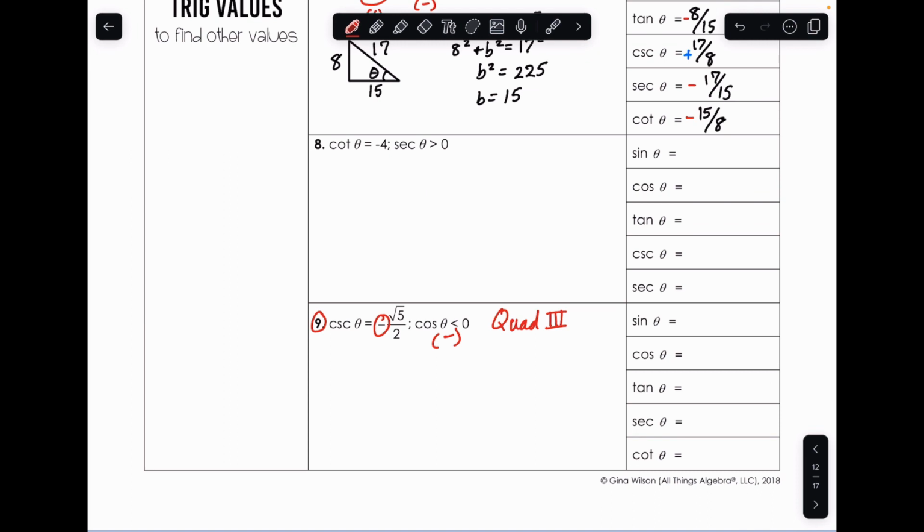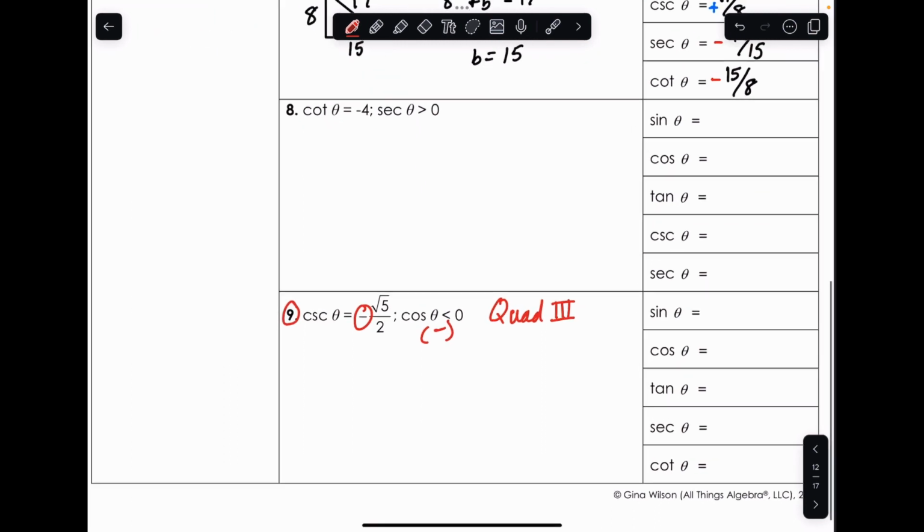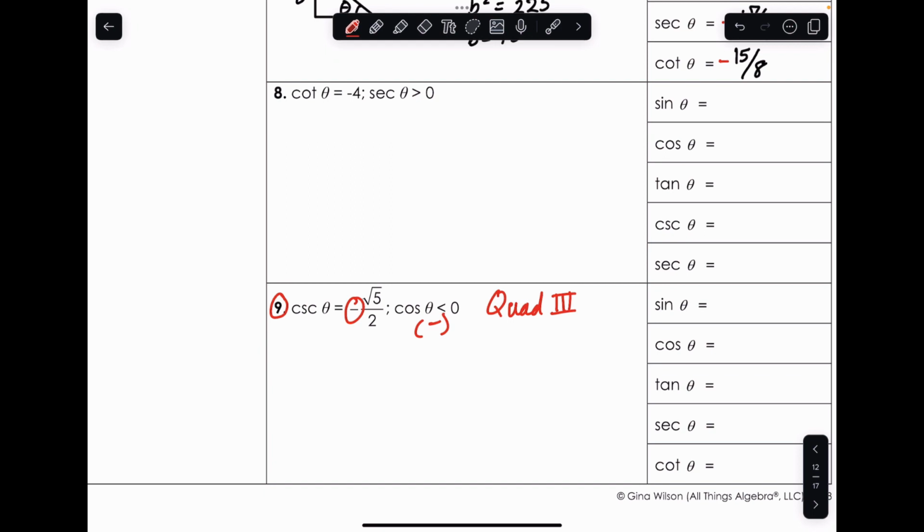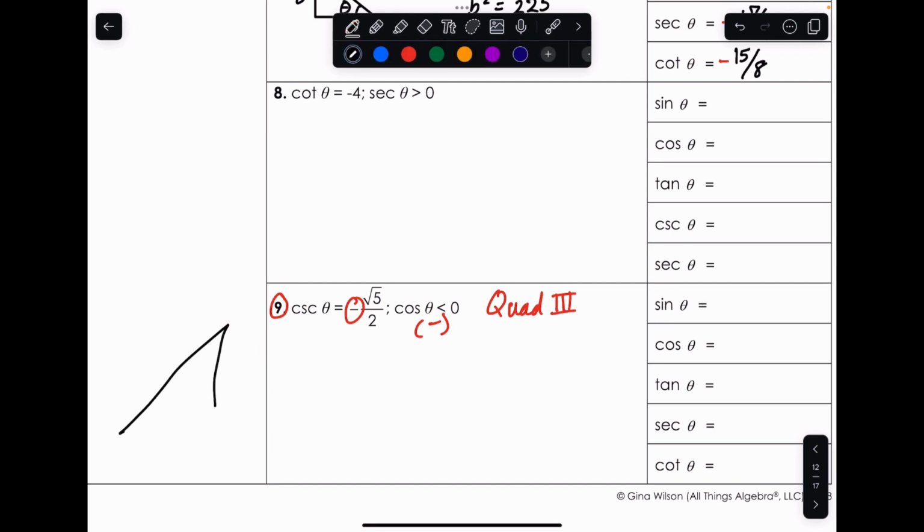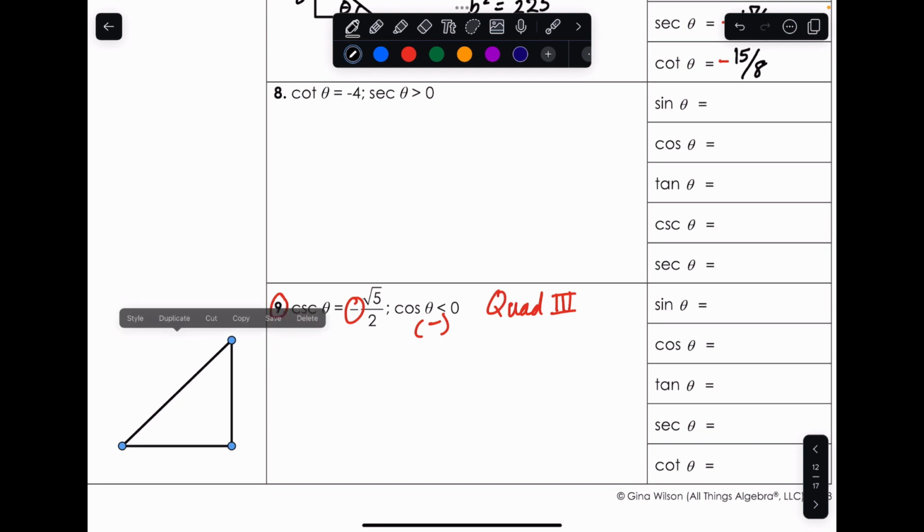Again, you don't have to do it this way. You could just go ahead and try to solve for the sides and go from there. You could have just said, let me draw a triangle, make this my theta, this is 2, this is root 5, therefore this is 1. You could have said that if you wanted.